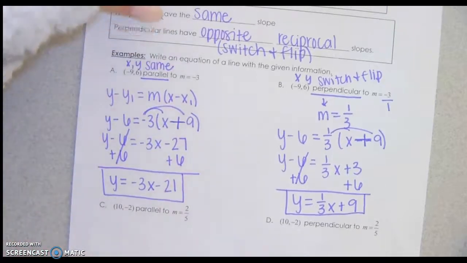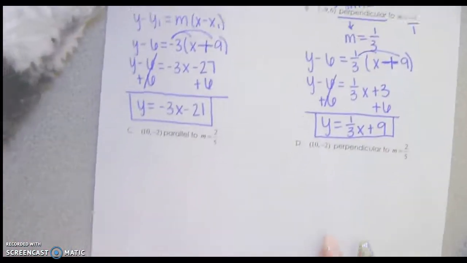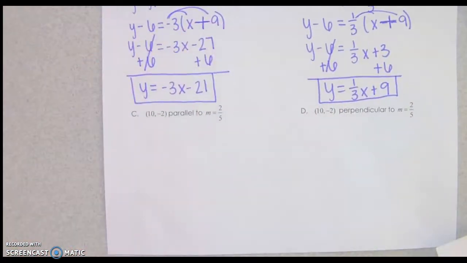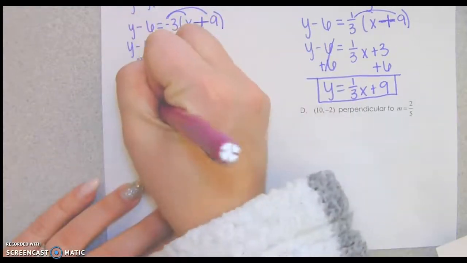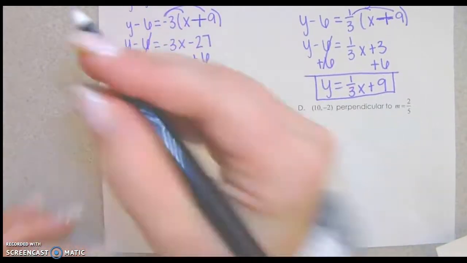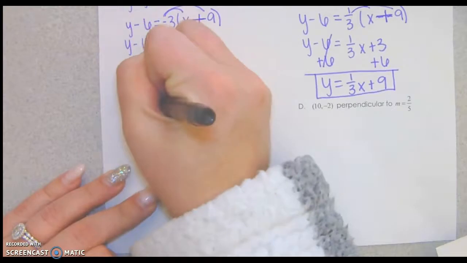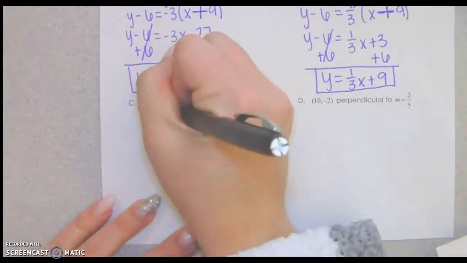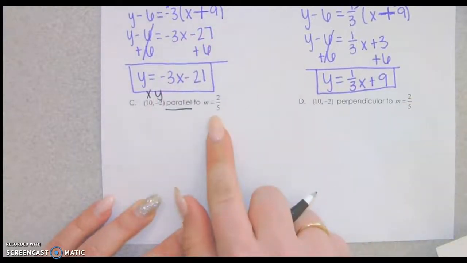All right, let's do 2 more. So for C, here I'm going to switch colors. For C, we're given 10 for x and -2 for y. We want to find the equation of a line that is parallel to 2/5.